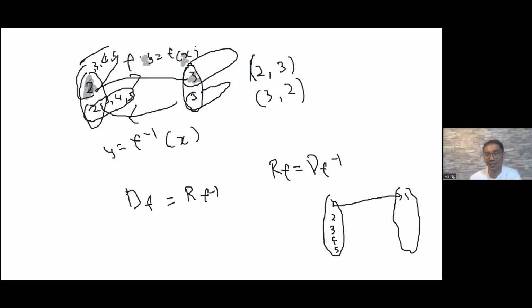Talking about the horizontal line test, there is a difference between showing it is a one-to-one function and showing it is not a one-to-one function.